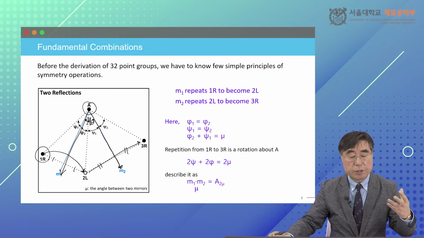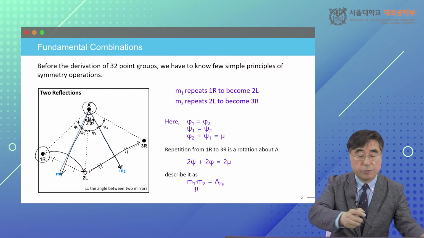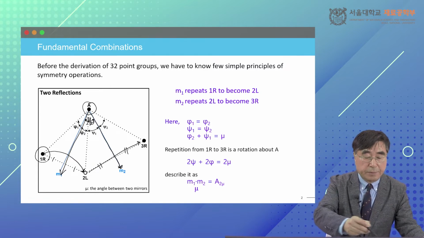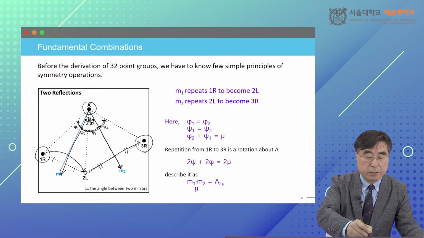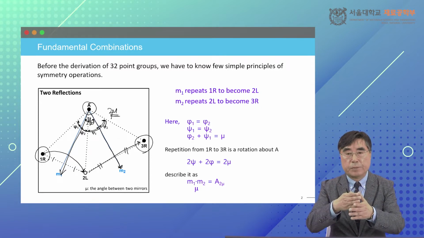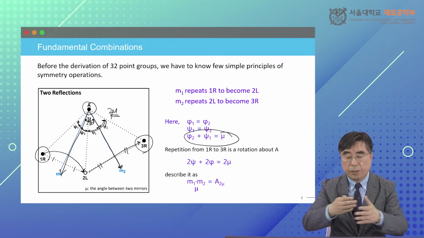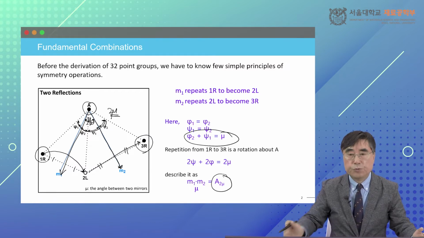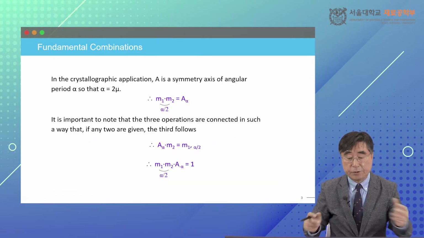So these two successive operations of two mirror planes, which have an angle of mu, are the same as 1R going to 3R, and this angle should be 2 mu. Okay? So when two mirror planes intersect with an angle of mu, then the line where these two mirror planes meet has 2 mu rotational symmetry elements. It's just one principle that we can easily remember.